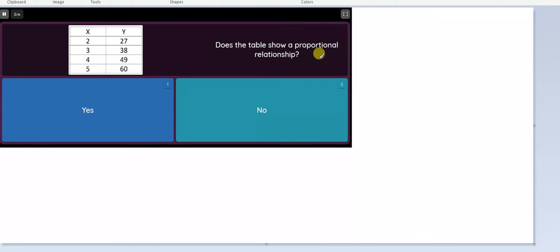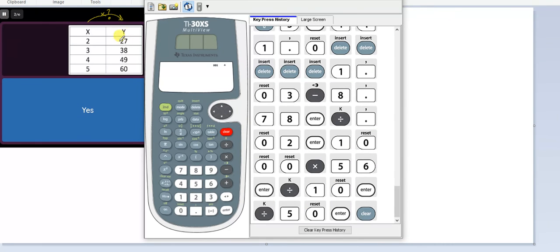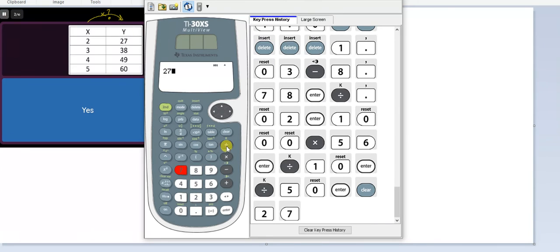You've got, does it show a proportional relationship? And if it shows a proportional relationship, like we said, we should have a relationship of multiplication between these two numbers. There should be a constant that multiplies here. So with a problem like this, if you take a calculator, you can check it by dividing all of the y to x ratios. Like for instance, the first one, 27 divided by 2.